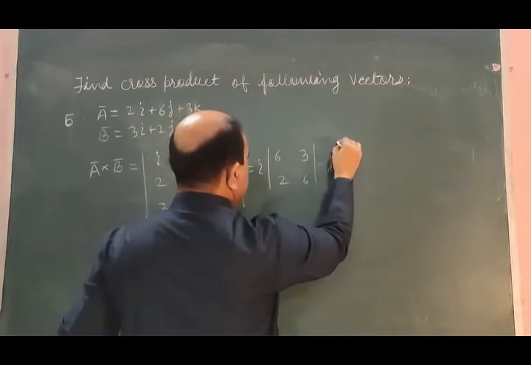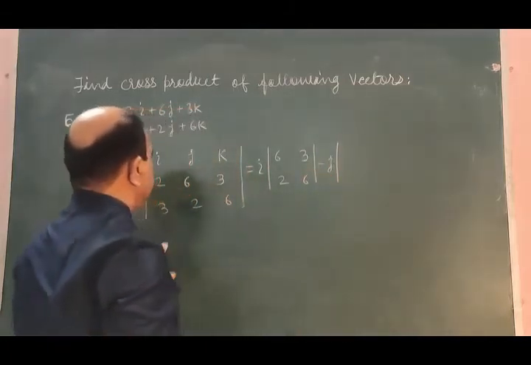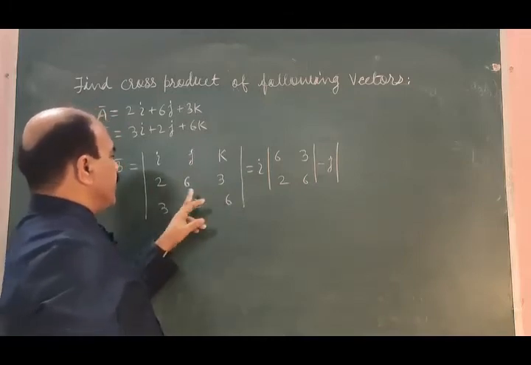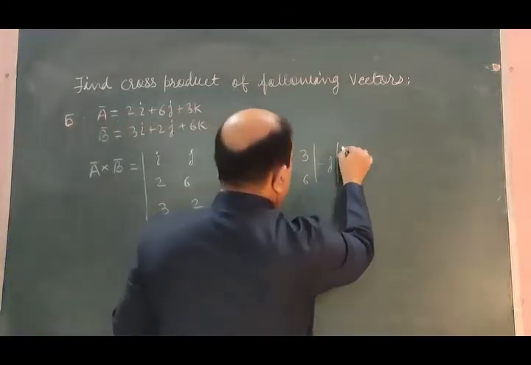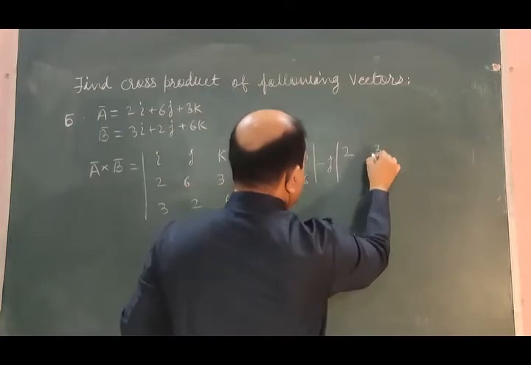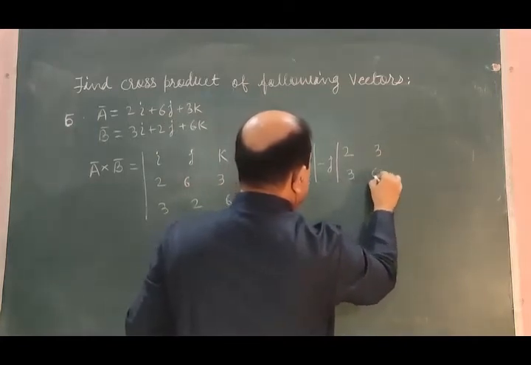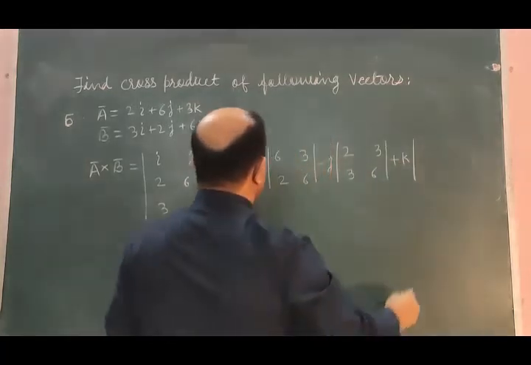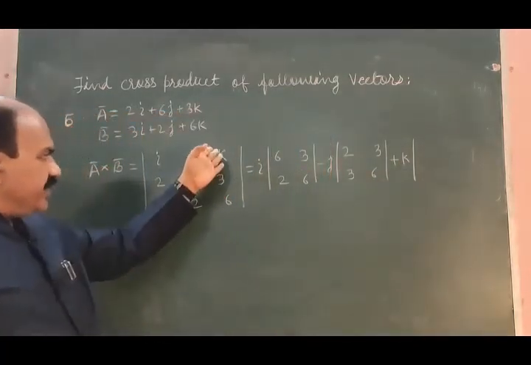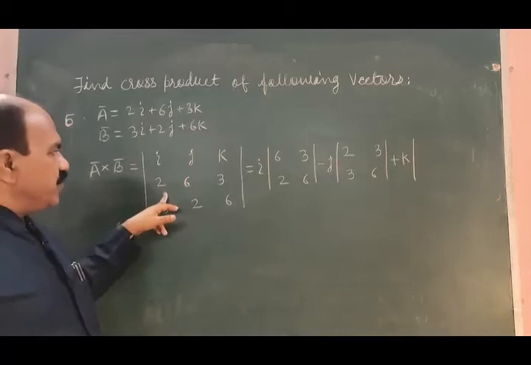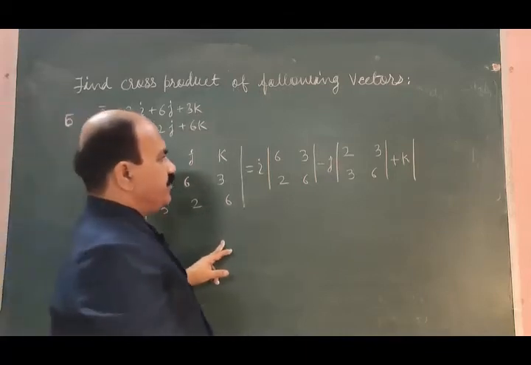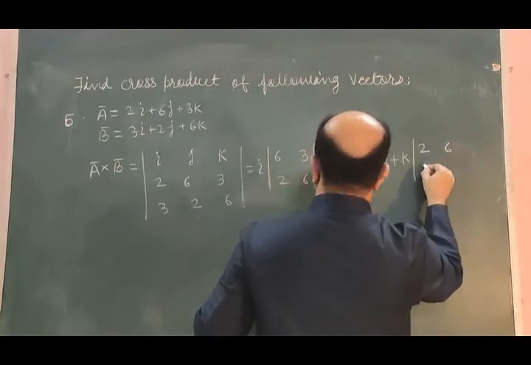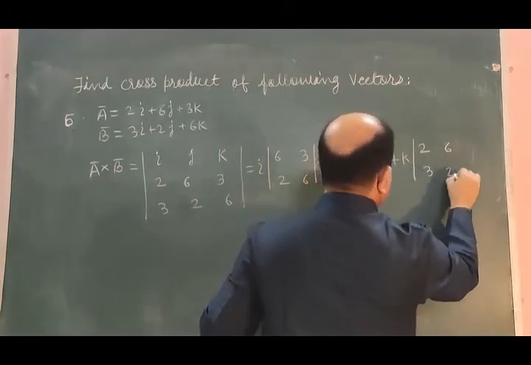Minus j into this skipped, what is left? 2, 3, 3, 6. Plus k into this skipped, what is left? 2, 6, 3, 2.